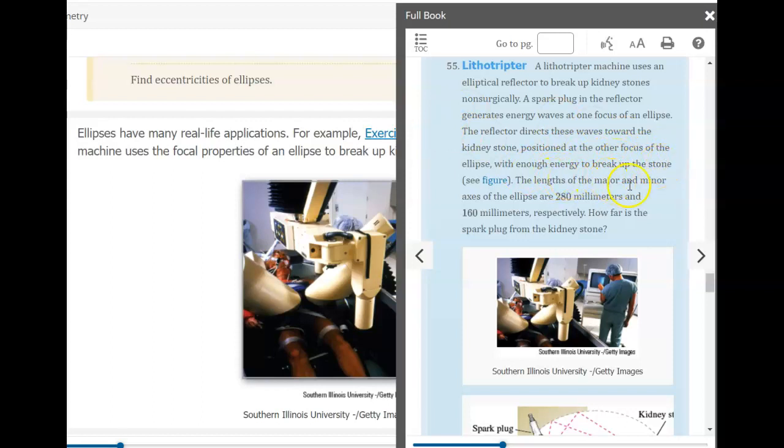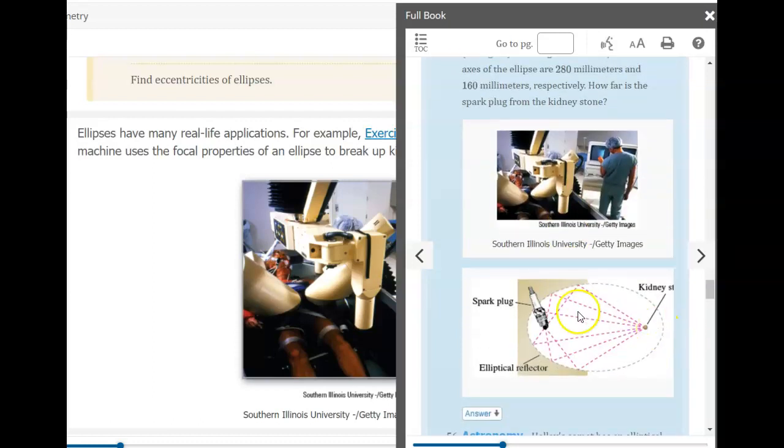The lengths of the major and minor axis of the ellipse are 280 millimeters, that is 28 centimeters, and 160 millimeters, so that's 16 centimeters, respectively. How far is this spark plug from the kidney stone?